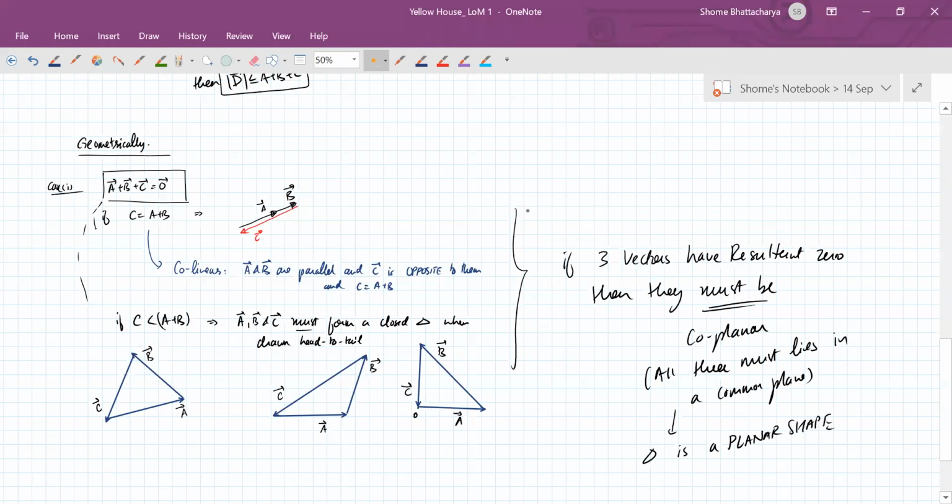So ये भी हो जाता है ना, this is part of the condition actually, that not only, okay, so the condition becomes that C is less than equal to A plus B, and also this, that they are coplanar.